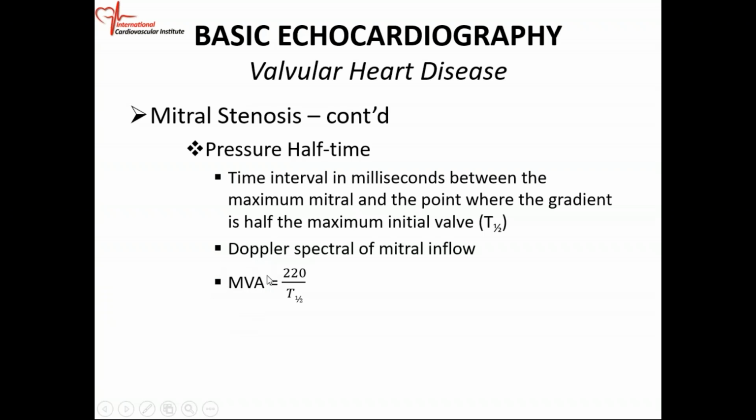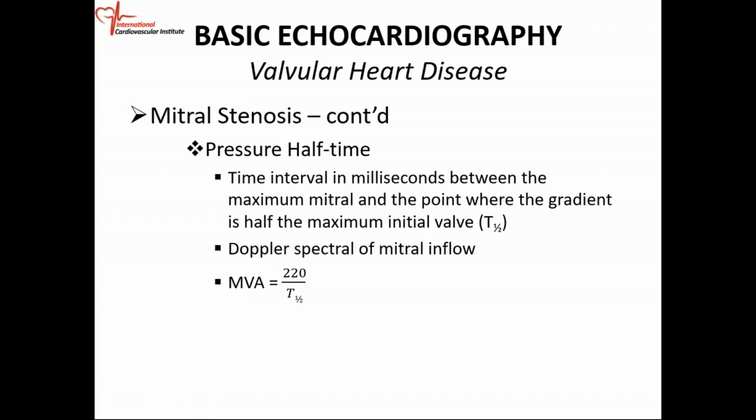When they work out the formula for mitral valve area, it comes out to 220 divided by the pressure half time. Again, the pressure half time is the time it takes for the pressure to fall to one half.